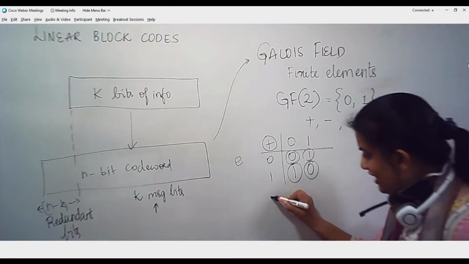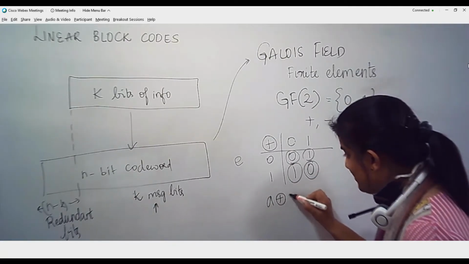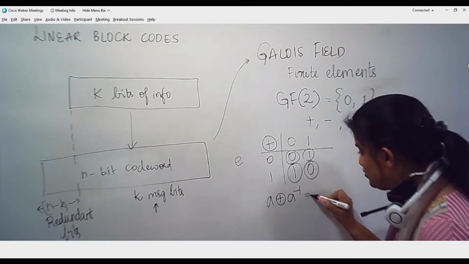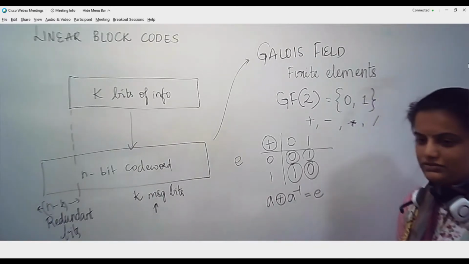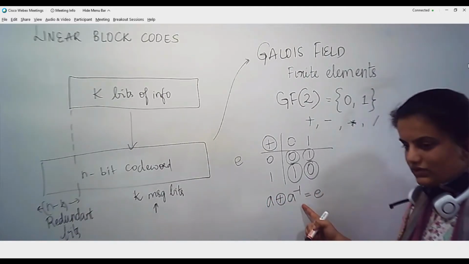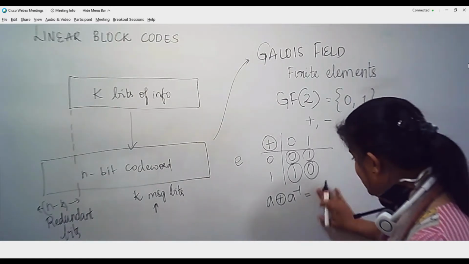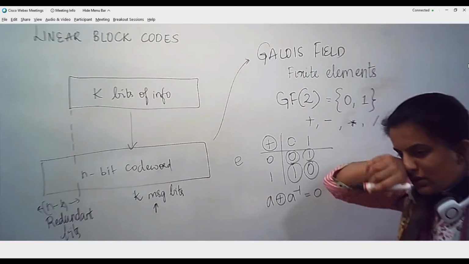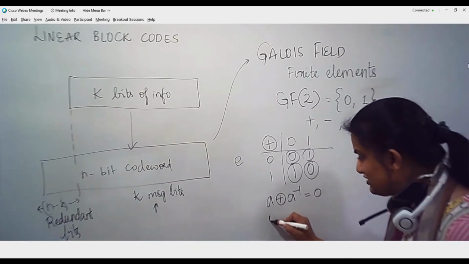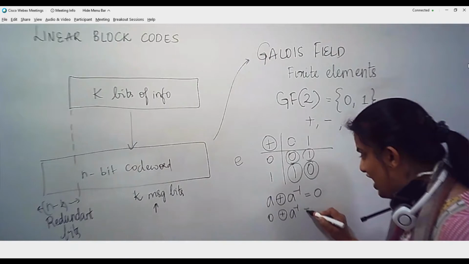When I take an element A and add it with its inverse, I should end up with the unit element. That means when I add A with its inverse, I should end up with the unit element. The unit element in our case is 0. Let me consider 0. When I add 0 with its inverse, I should get a 0.